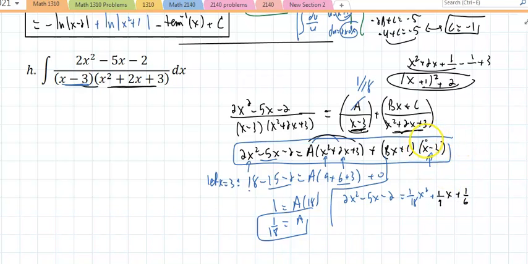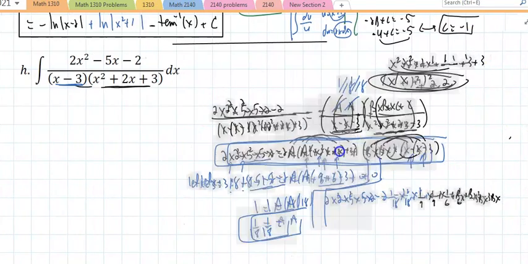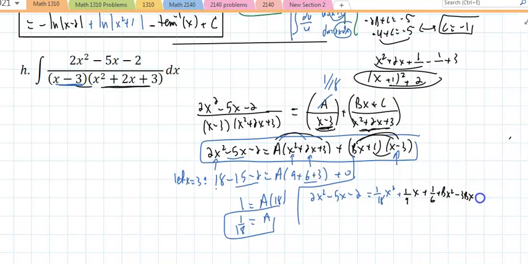Here, if I FOIL this, I'm going to get bx squared minus 3bx plus x minus 3.